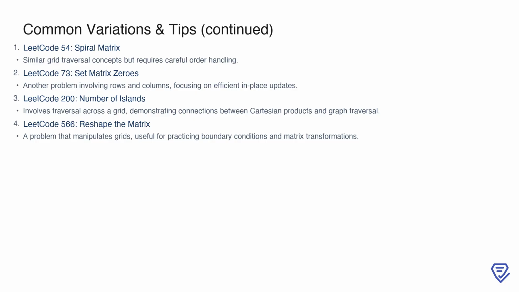LeetCode 200, Number of Islands, explores traversal across grids in the context of graph traversal techniques. Finally, LeetCode 566, Reshape the Matrix, challenges you to manipulate grids, which is excellent practice for handling boundary conditions and transforming matrices. These problems collectively reinforce the importance of mastering Cartesian products and grid-based logic.